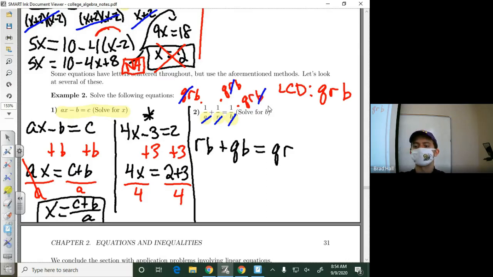Finally, we're trying to get b by itself. But the problem is there's 2 b's in this problem. We have 2 terms that both have a b in them. If we have 2 terms that have something in common, naturally we can factor out that common thing.